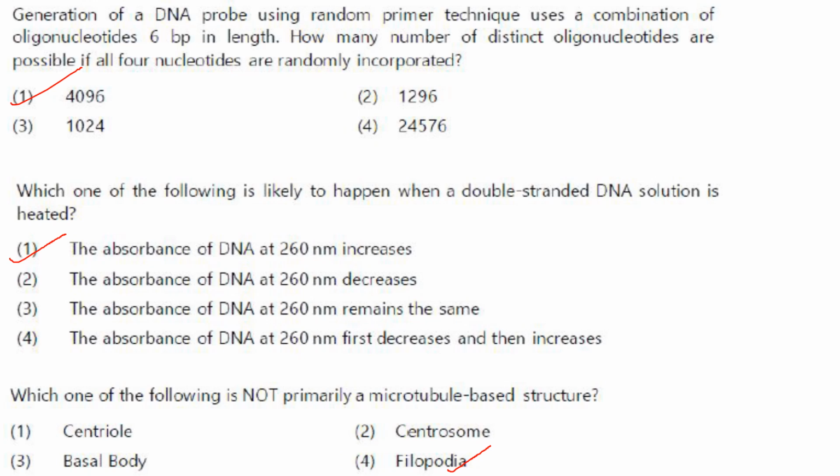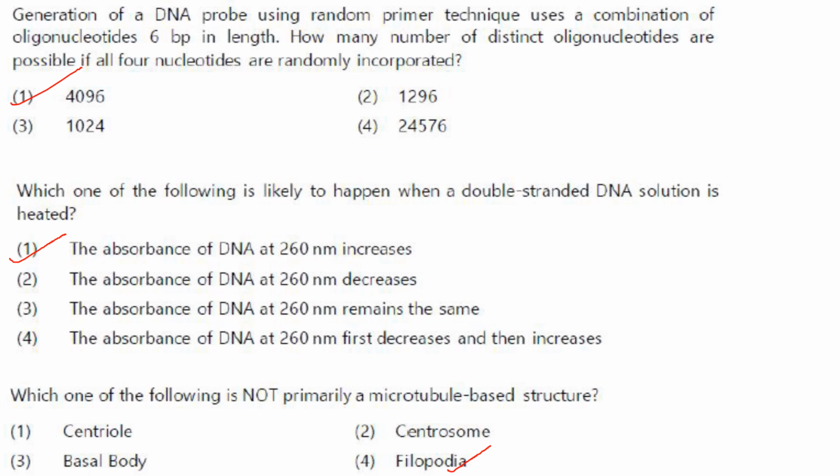There are again 4 possibilities. Then third position occupied by G will be again 4. Fourth position occupied by C will be again 4. Like that, if you see, there will be 4 raised to 6 possibilities. 4 into 4 into 4 into 4 into 4 into 4. So totally 6 positions will be there. So 4 raised to 6 will be 4096.